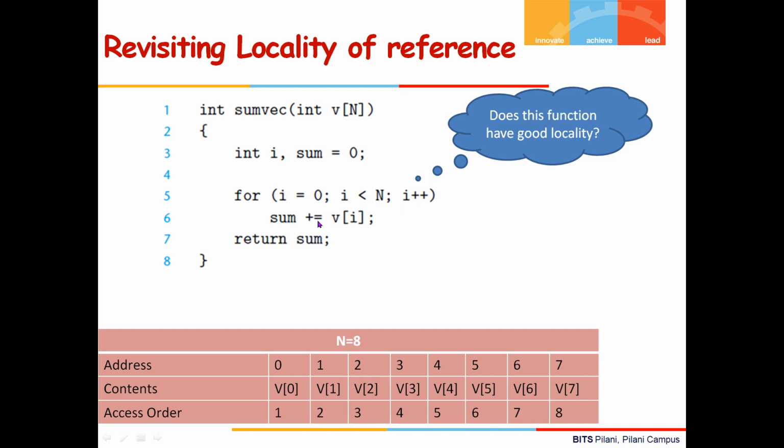Now, when you see this, the variables i and sum are scalar variables because they are not pointing to anything. It is just there, and it has only one reference.